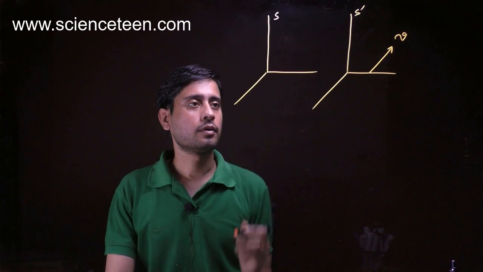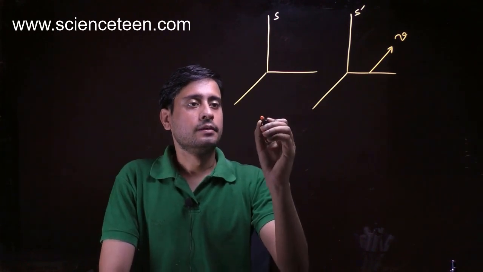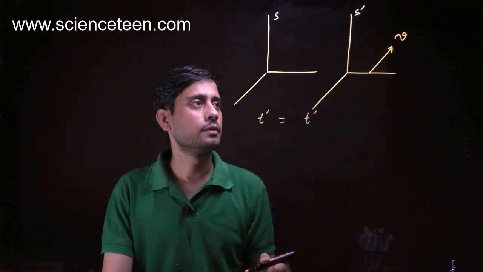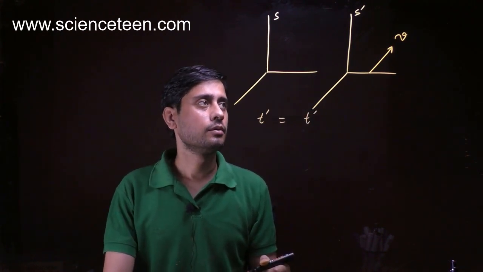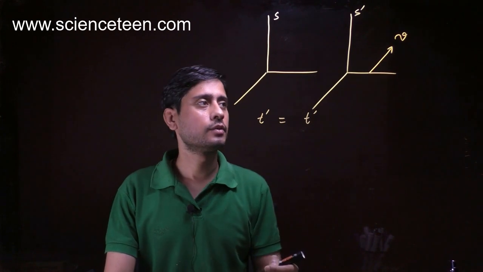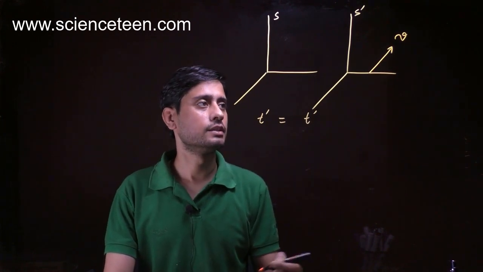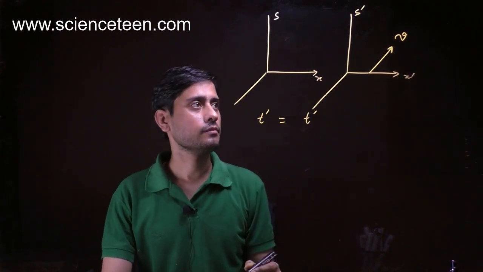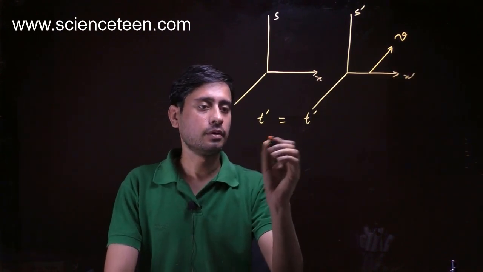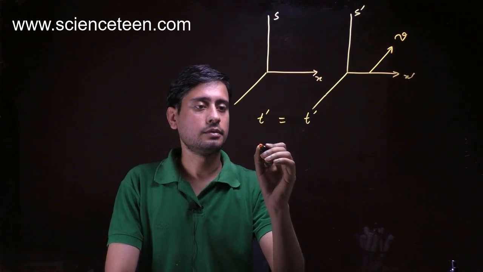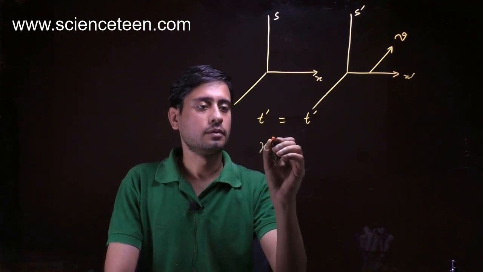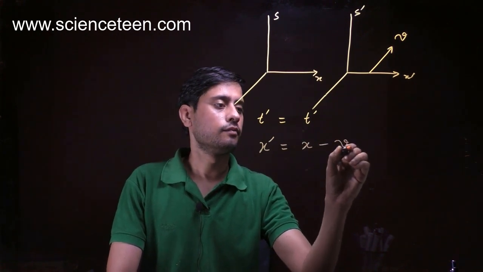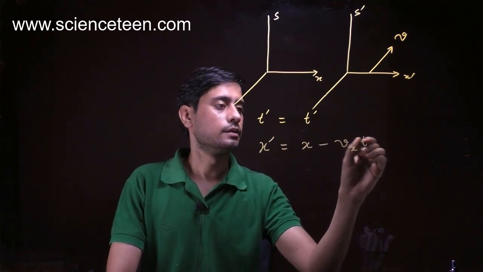So for time, you already know that the time remains same in both the frames. Now this velocity has three components, Vx, Vy and Vz. So in the x-axis we will have the following Galilean transformation: x prime equals x minus Vx t.